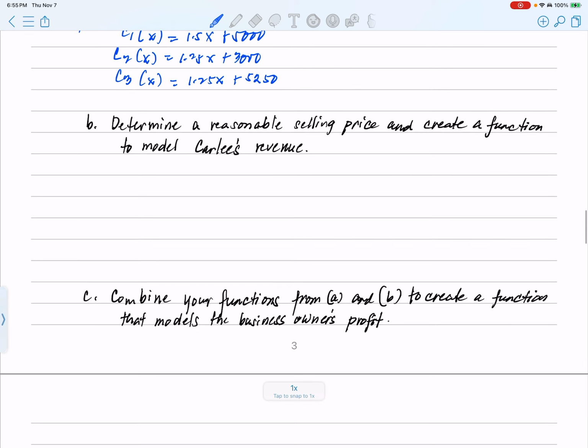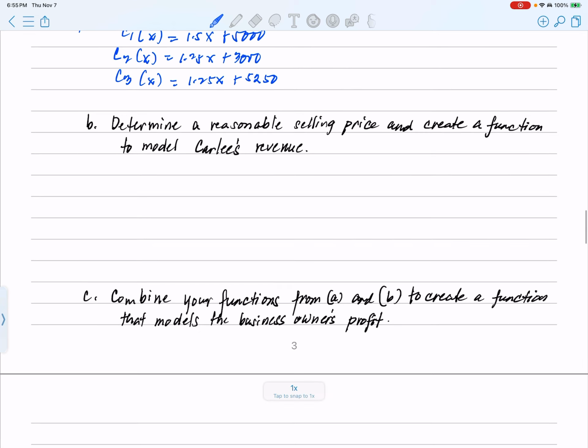So Carly's revenue function would be, if she sells at $8 per bag, it would be R equals C times x, where C is her price per bag. For now, let's just assume a price of $10, which is in the middle of what she found between 10 and 12, and then she found 8.